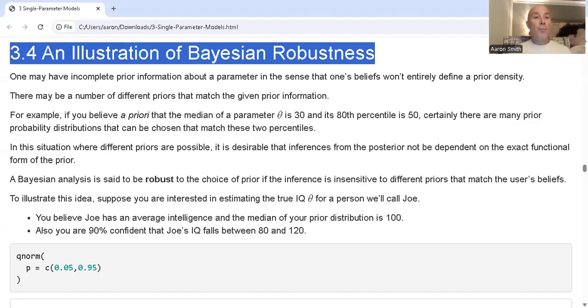For example, let's say I believe a priori that the median of a parameter is 30 and its 80th percentile is 50. Really, there are infinitely many distributions that will satisfy that criteria. So, with the many prior probability distributions that can be chosen, we have to make a choice and go forward.